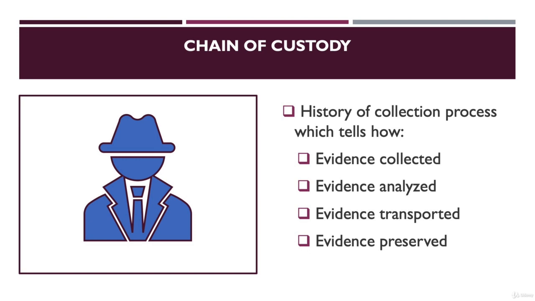So it's important to preserve the evidence from time of collection to the courtroom. You need to make sure that all evidence is identified, inventoried, and secured to preserve its integrity, because if the integrity is not preserved, then it will not be admissible within a court of law.